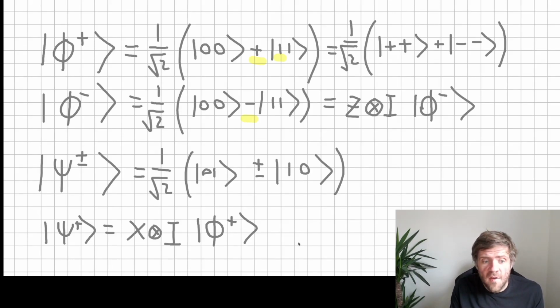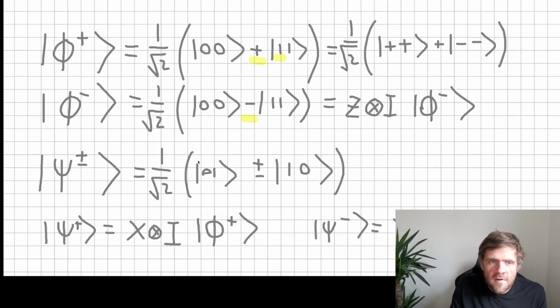So just by applying Paulis on a single qubit, let's actually write that out. So psi minus is equal to an X and a Z, which means we can write a Y multiplied by the phi minus state. Of course, there might be some global phase weirdness there, but who cares about that?